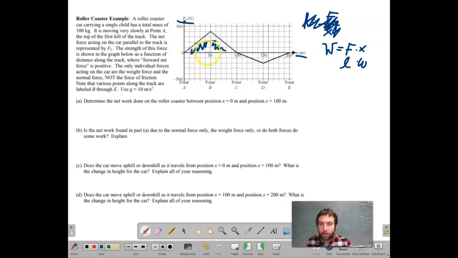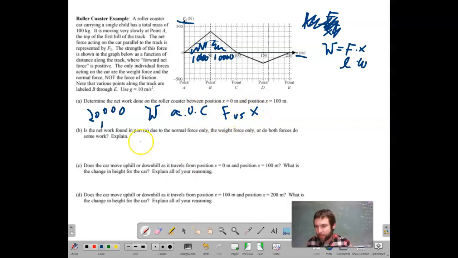So half the base times the height, 50 times 400 is 20,000. Divide that by 2, so that's 10,000 here. This is the same triangle, so 10,000 here. So the total is 20,000, remembering that work is area under the curve for force versus displacement.